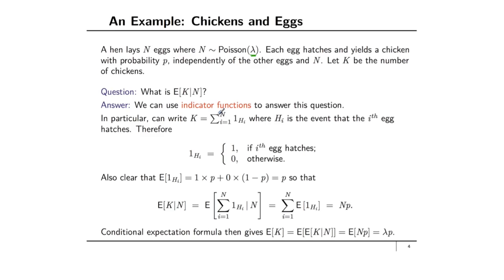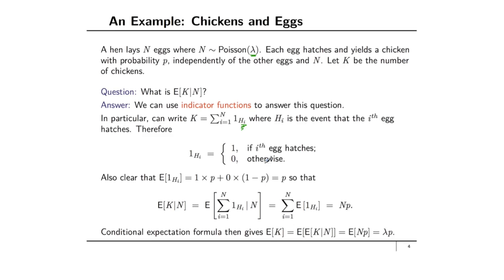So what we're going to do is write the total number of chickens, k, as the sum from i equals 1 to capital N of 1 subscript Hi, where Hi is the event that the ith egg hatches. In particular, 1 subscript Hi is the indicator function, and it takes on two possible values. It takes on the value 1 if the ith egg hatches, and the value 0 otherwise.